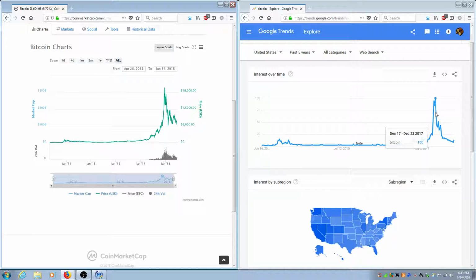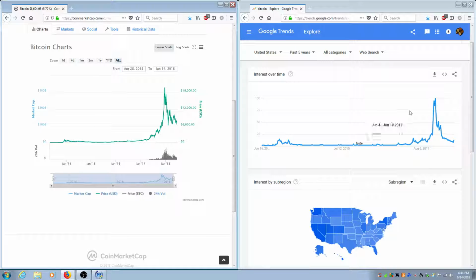Kodak's still irrelevant, but it got interest. Their stock spiked. Companies were changing their stock tickers to anything that had to do with blockchain or Bitcoin or whatever coin, and it's just skyrocketing. People were throwing insane amounts of money at this, and you have a top in the price.